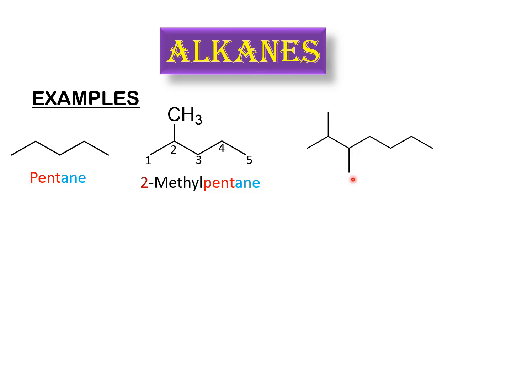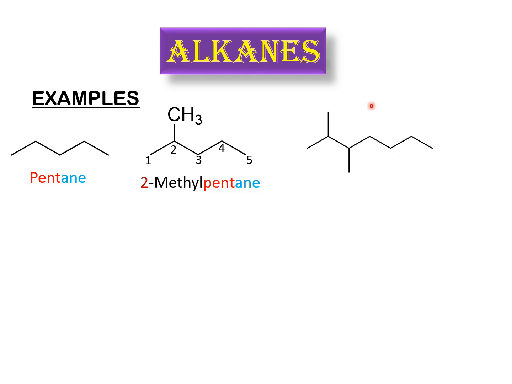This chain has 6 carbon atoms. We can have another chain, 1, 2, 3, 4, 5, 6, 7. So we have another chain with 7 carbon atoms. Then we have this chain, 1, 2, 3, 4 and 1, 2, 3. So we can have 5 chains possible: one with 3, one with 4, one with 6 and 2 with 7 carbon atoms.